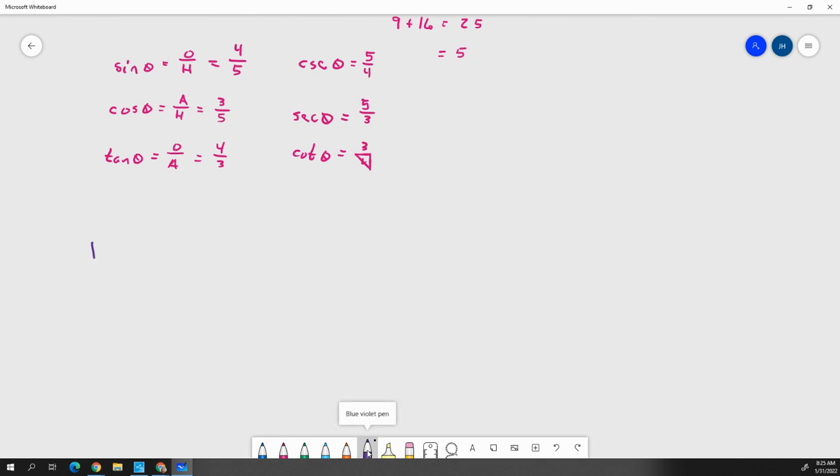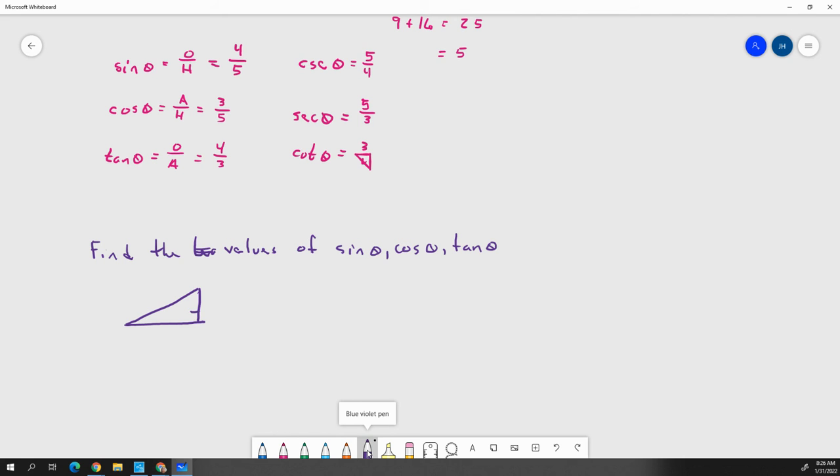So I want you guys to find the values of sine of theta, cosine theta, and tangent theta. I don't need you to find all 6. Given this triangle.